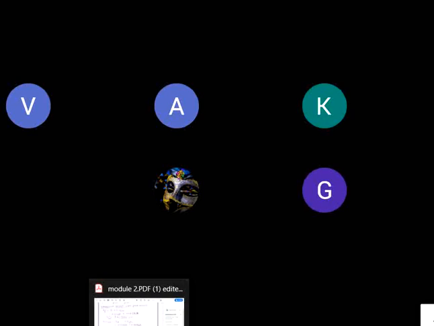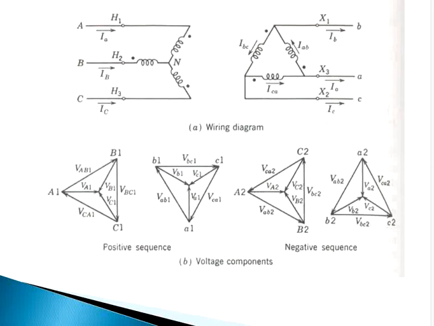So when you add the phase voltages, what is the line voltage? The voltage between the two lines. So this voltage plus this voltage gives the line voltage.